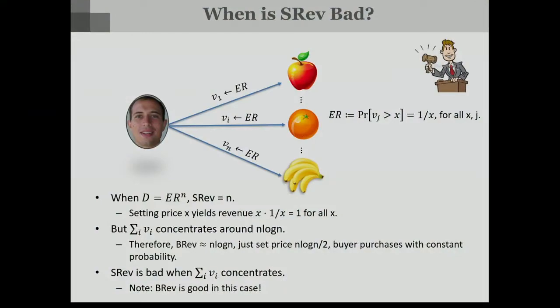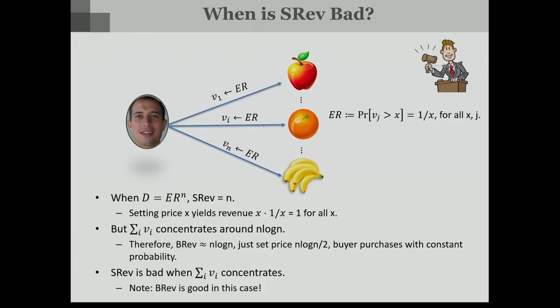Okay, but now I want to get into a proof overview of the first result. The first thing we want to look at is, what are the examples where selling separately is a bad idea? This example is from Hart and Nisan's paper. The bad example is if the buyer's valuation for every item is drawn independently from what's called the equal revenue distribution.